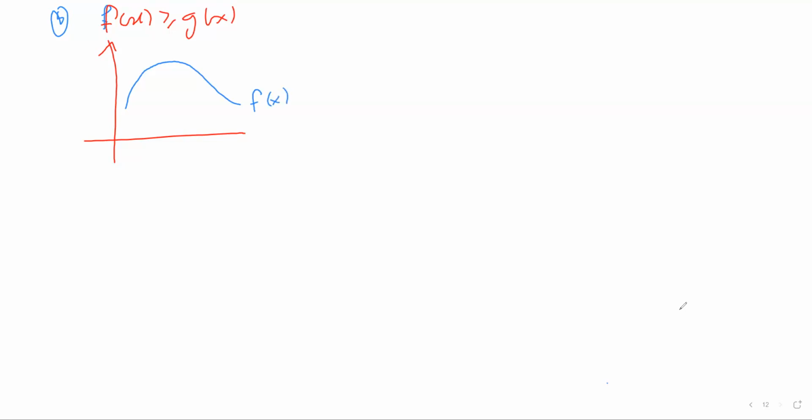So when you have two functions, when you have f of x to be greater than g of x, then the area between two curves, for instance, where this curve here is f of x, and this curve here is g of x.